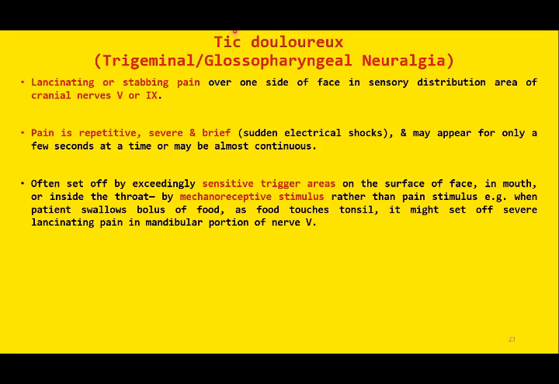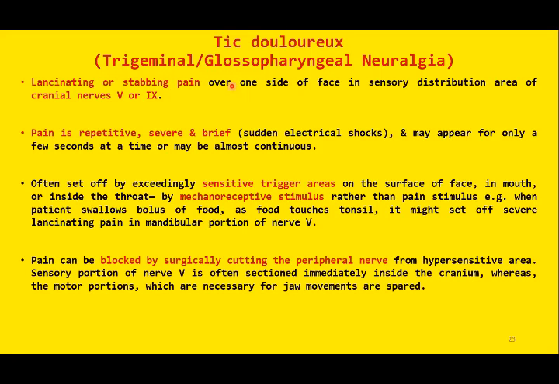When we use the term tic douloureux, we are referring to trigeminal neuralgia, that is fifth cranial nerve. But according to your textbook, the glossopharyngeal nerve can also be involved, which is the ninth cranial nerve.